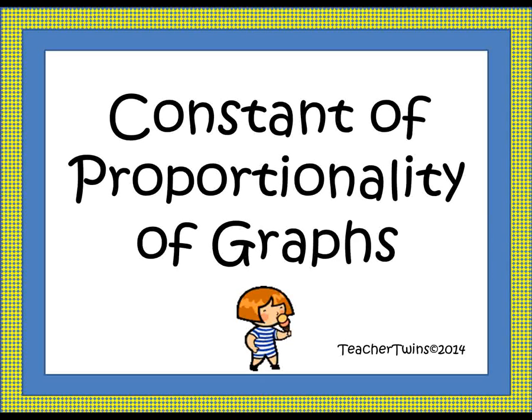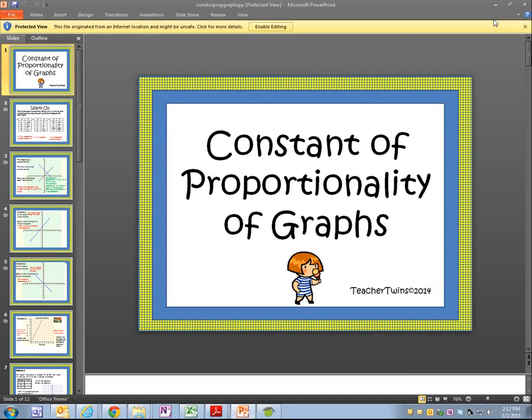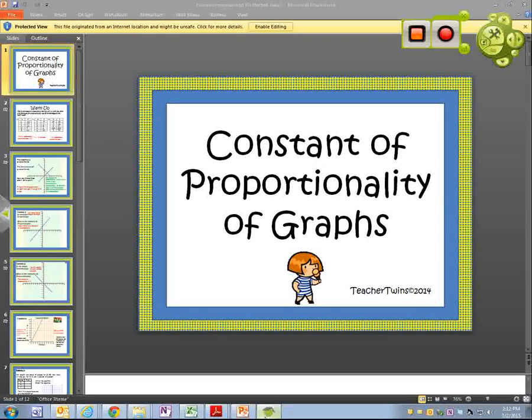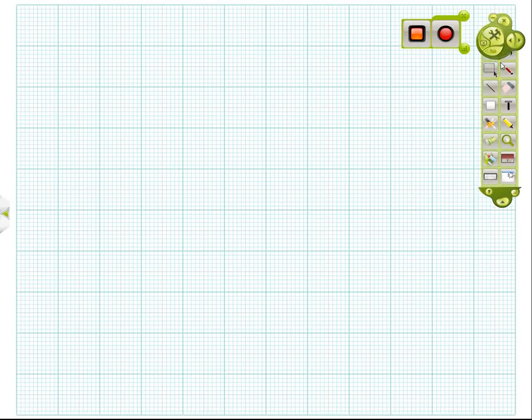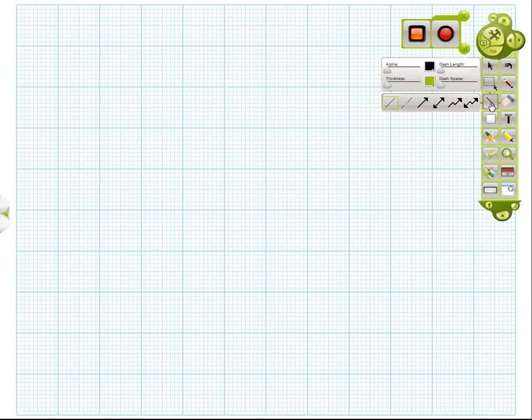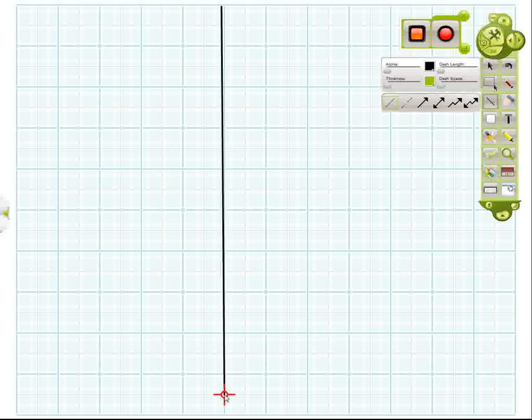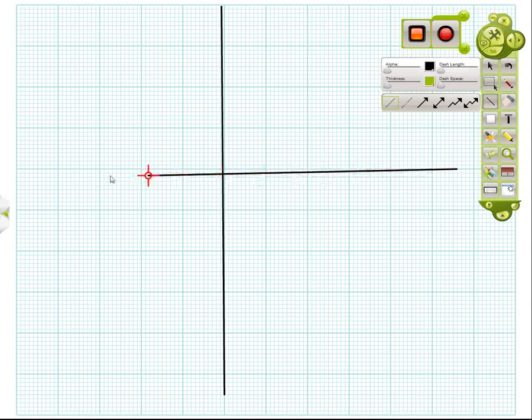In order to head that off, we are going to do a short experiment to see if you guys remember how to do something. Now, here I'm going to have a graph. Okay, there's my y-axis.